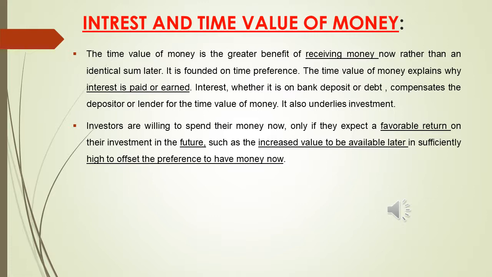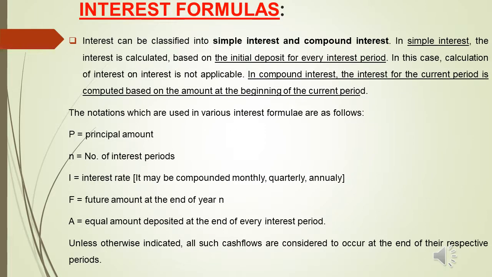It's obvious, right? The one who is ready to give money will definitely expect better in the future, a favorable return with increased value later on. So this is about interest and time value of money.